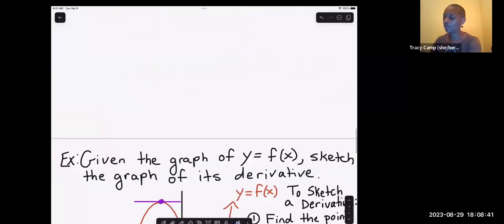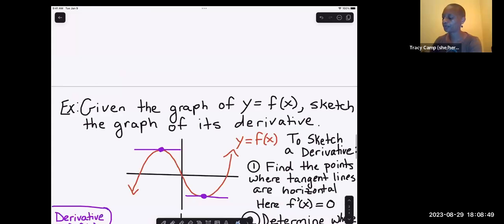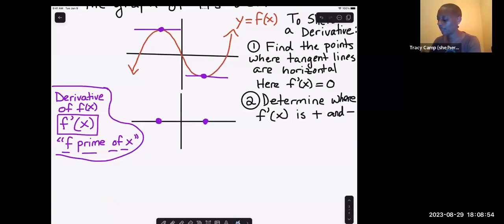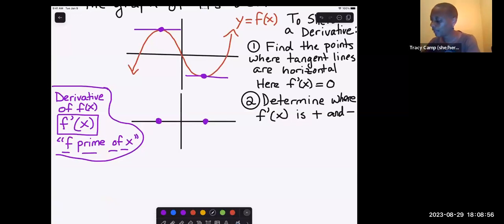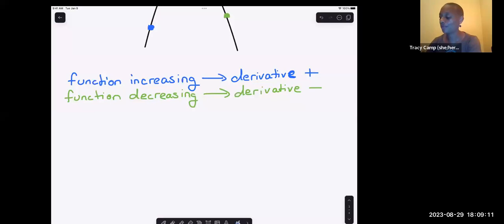So notice what I put here in blue. Whenever my function itself is increasing, that means the derivative is positive. So right here where I say determine where your derivative is positive and negative, this means that f of x is increasing for the positive. And then what color did I use for decreasing? The function is decreasing when your derivative is negative.